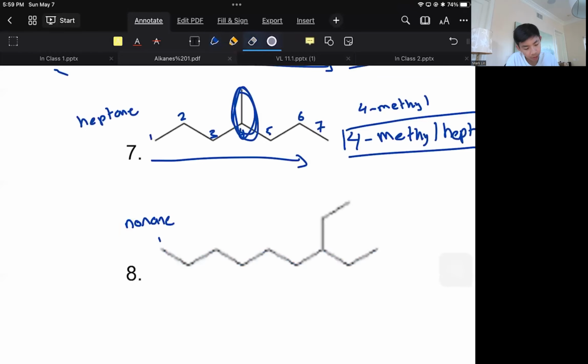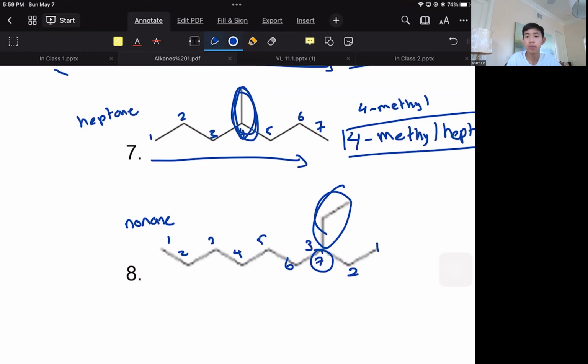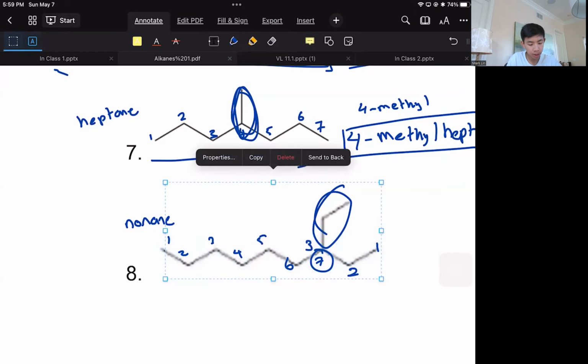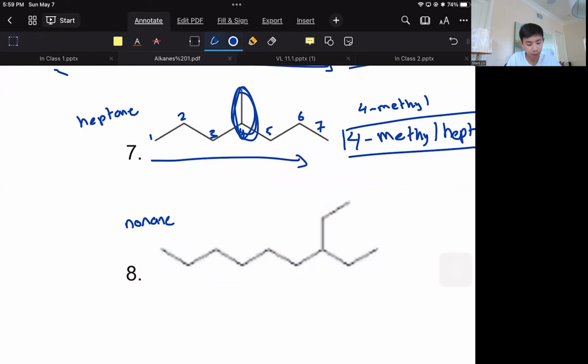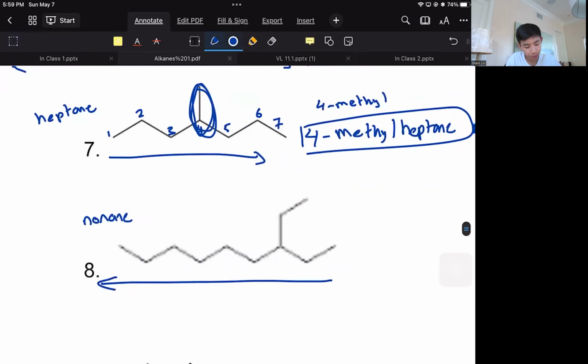And then if you go left to right or right to left, we notice that going left to right, our first strand jutting out won't be until the 7th one. But if we go from right to left, the strand jutting out is going to be at number 3. So we obviously want to choose the smaller number, number 3. So we're going to go right to left.